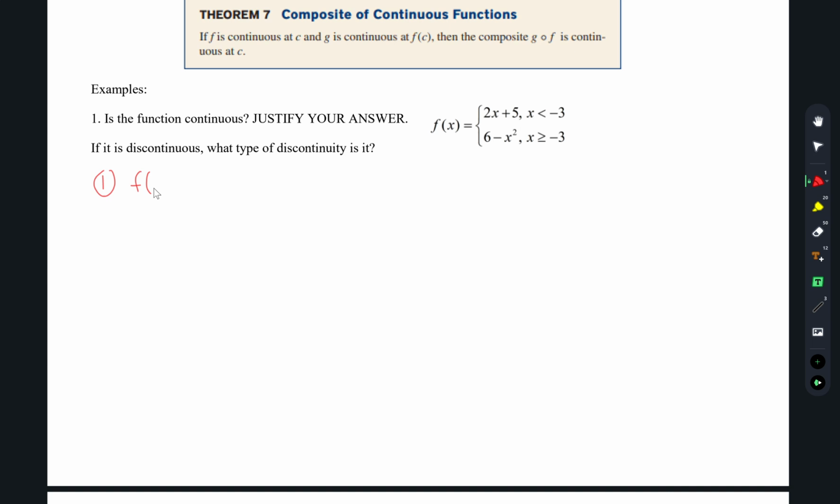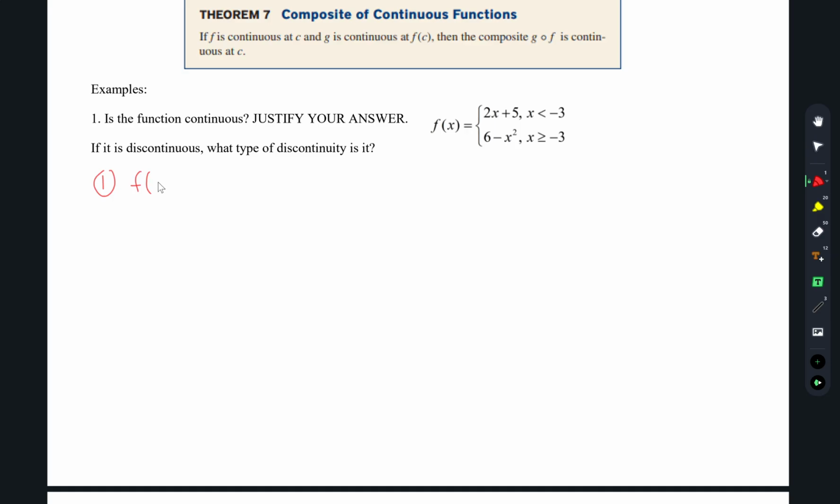Here we have a line and a parabola, so those are in the clear. But things could hit the fan at -3 because they change, so maybe the line doesn't meet up with the parabola nicely. So you're going to check what's going on at -3.